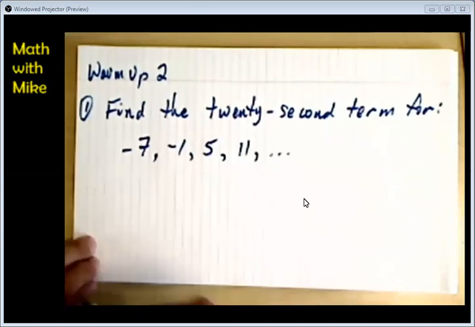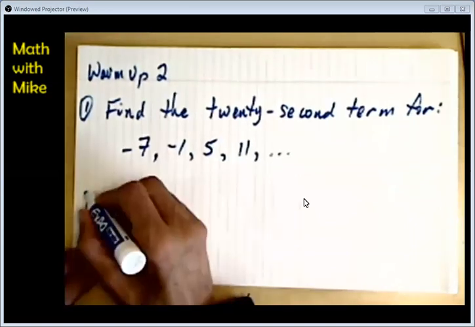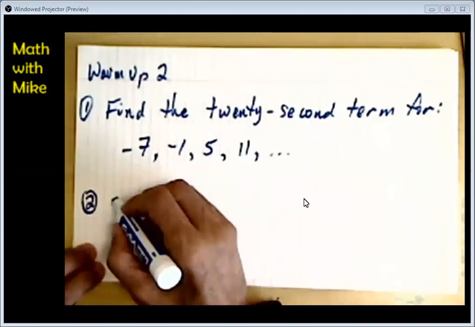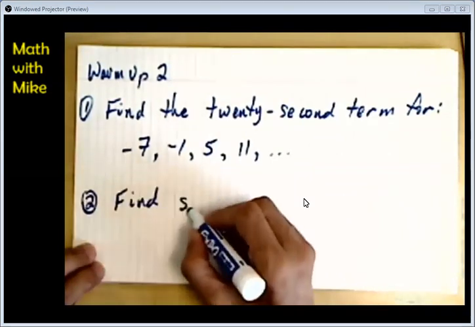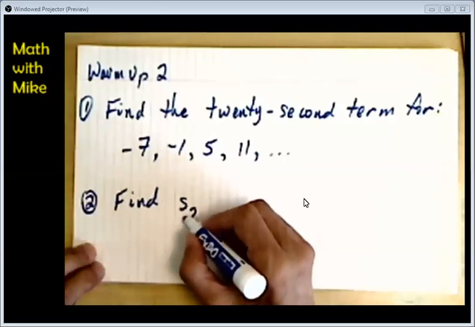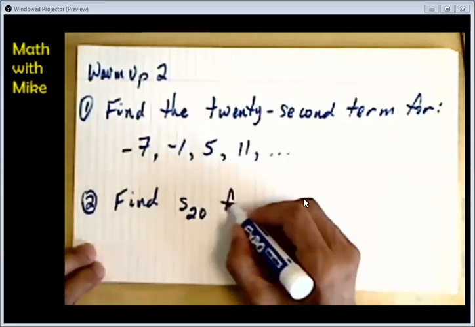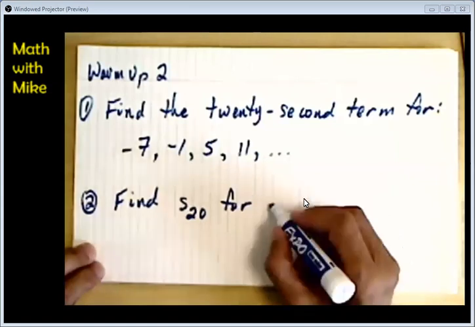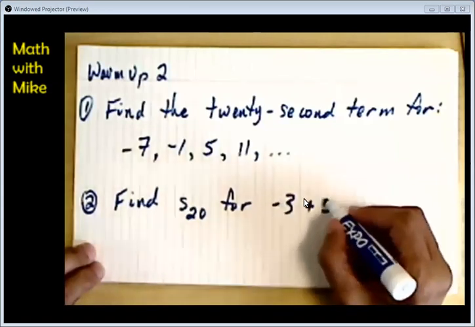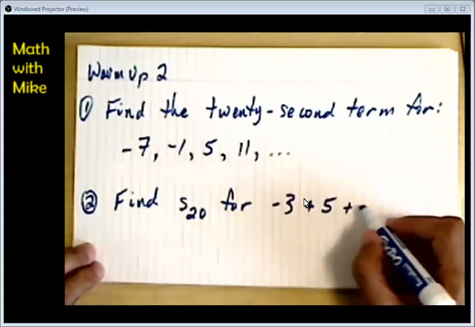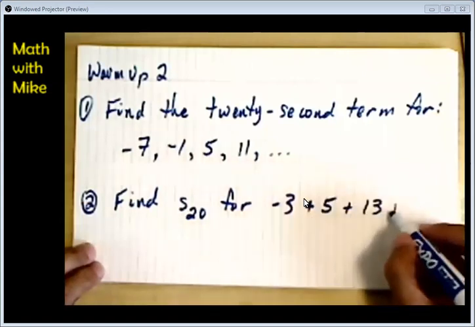Okay, and for a second example, find S24: negative 3, plus 5, plus 13, blah, blah, blah.